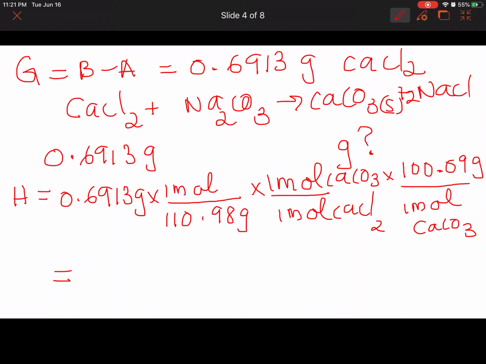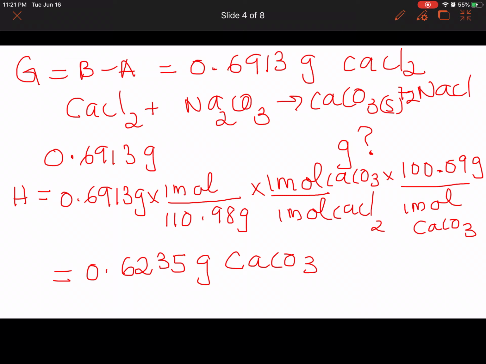And then H, when you do this calculation, H would come to be 0.6235. Do your own calculations, and if there is anything wrong, please let me know. Okay, so 0.6235 grams calcium carbonate, that is the maximum amount we can make by using 0.6913 grams of calcium chloride.